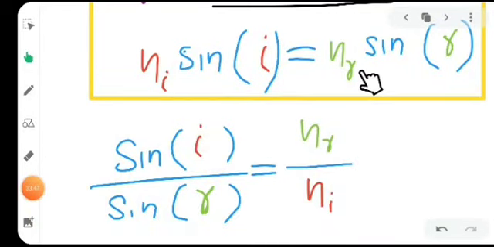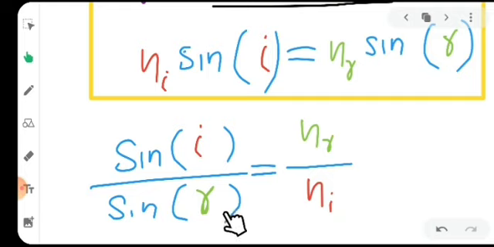If we manipulate it slightly, writing sin I and sin R on the left-hand side, you get the ratio sin I over sin R, and bringing the Ni to the right-hand side, you get the ratio Nr by Ni.